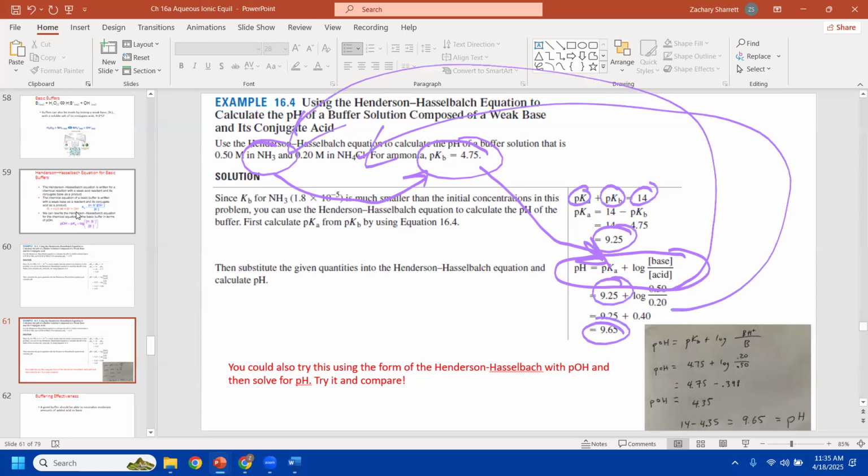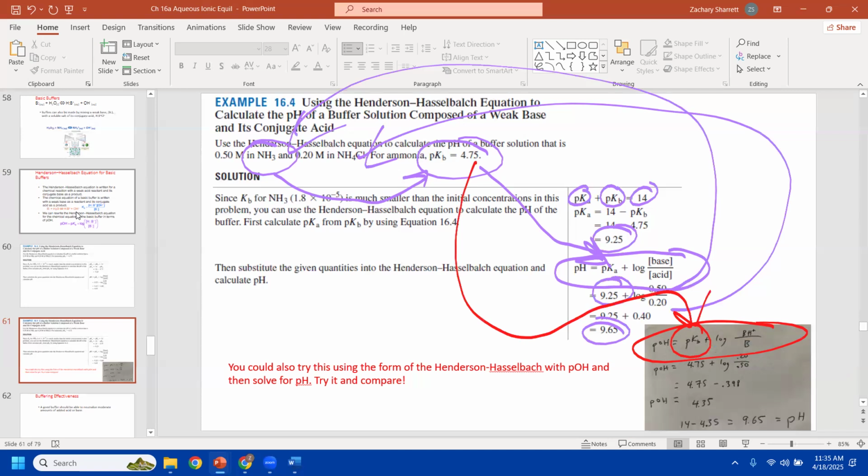Let's see if it's easier to use the pOH Henderson-Hasselbalch equation. Let me change color here. Let's make this red. In this case, this is the formula, right? This is the pOH Henderson-Hasselbalch. We can directly use the 4.75.